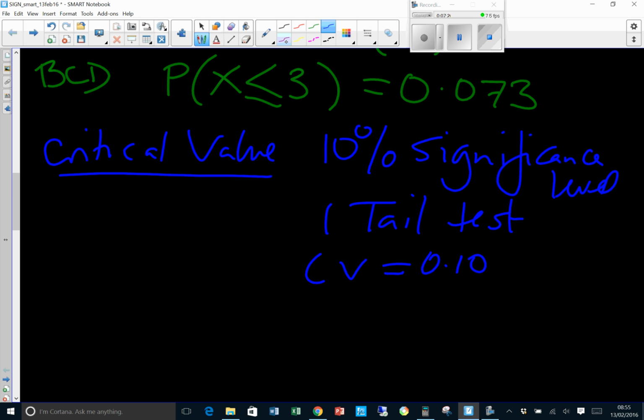Let's draw ourselves our H1, H0 line in order to complete the test. The most extreme part of the line, the lowest, our lowest probability would be getting down to almost 0, wouldn't it? So here we have our critical value. In this case, our critical value was 0.1. So more extreme than that will be a lower probability than that.